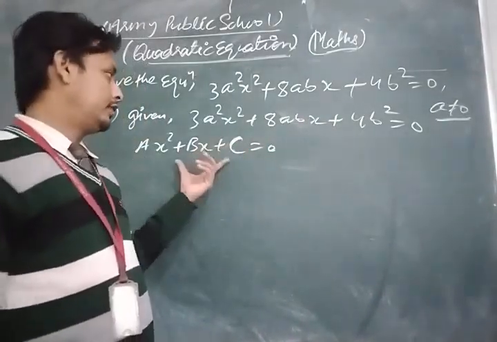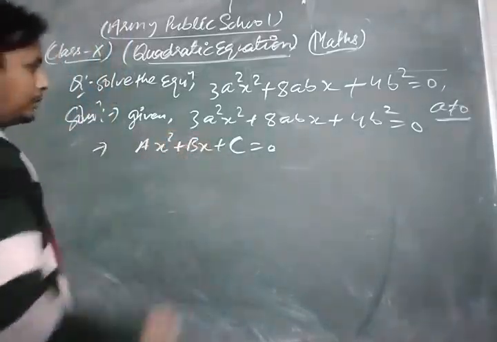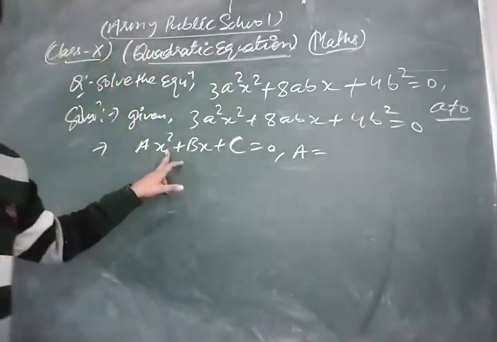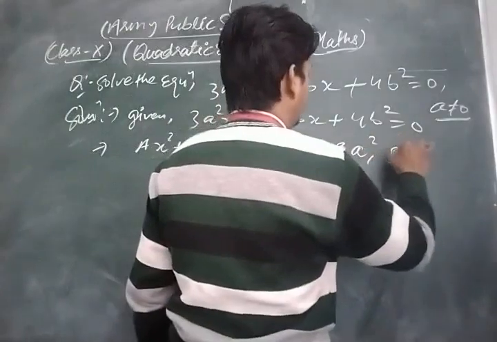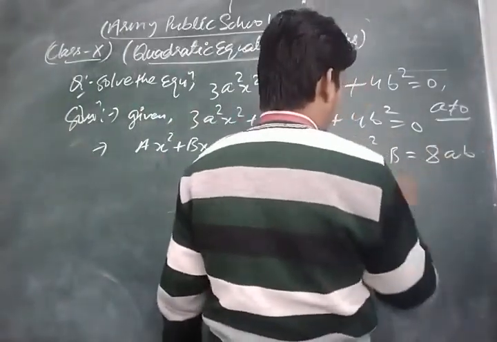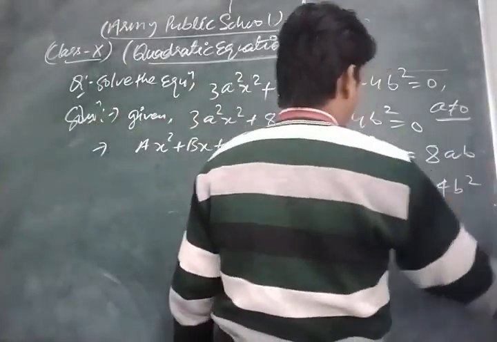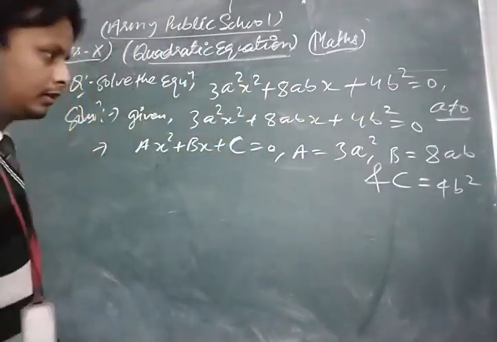Now on comparing, A is the coefficient of x square, that is 3a square. Similarly, the value of B, the coefficient of x, is 8ab, and the value of C, the constant, is 4b square. Now we apply the formula.